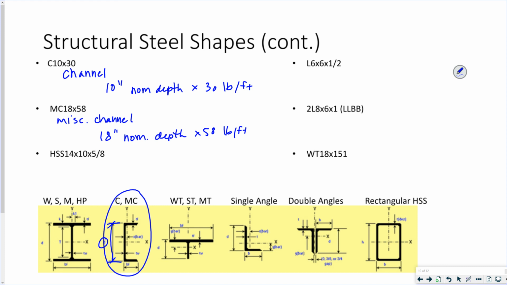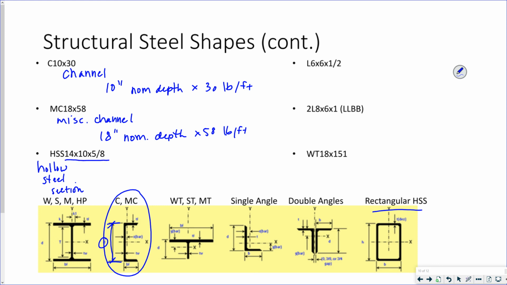HSS stands for hollow steel section. And there's different kinds. There's rectangular or square, and also circular. And this, we actually have something different now.